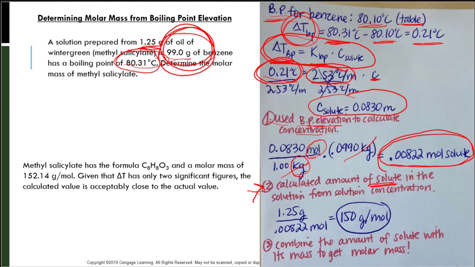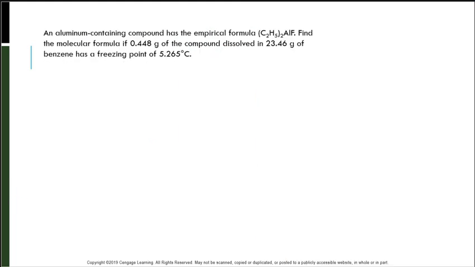It told me that I had 1.25 grams of this wintergreen. All we have to do to find our molar mass is take grams divided by moles to give me my grams per mole. So it's about 150 grams per mole. And it actually has a formula of C8H8O3 and a molar mass of 152. So we were pretty darn close. And considering that we were working with only two significant figures, we're acceptably close to the actual value.